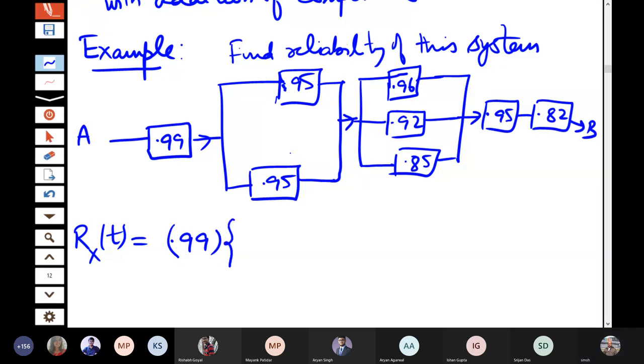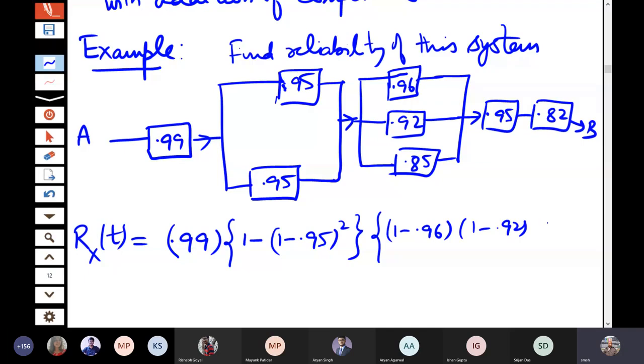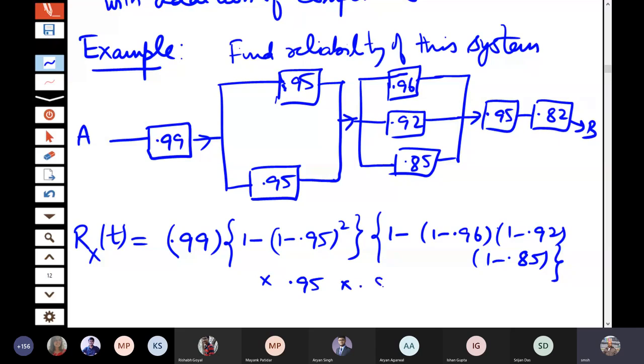Then the second one: two of them connected in parallel, so 1 minus 0.95 squared. Then the third one: 1 minus 0.96, 1 minus 0.92, 1 minus 0.85, and then multiplied by 0.95 into 0.82. So this will be the system reliability here.